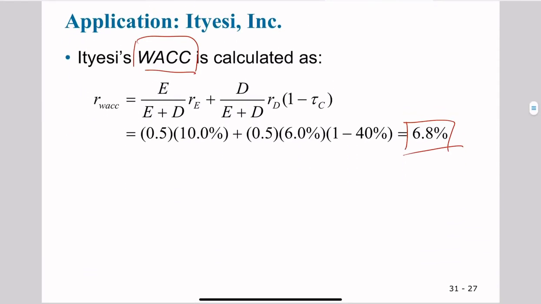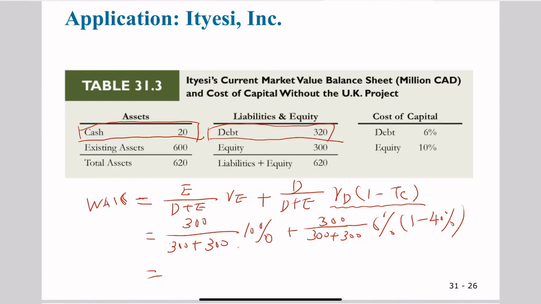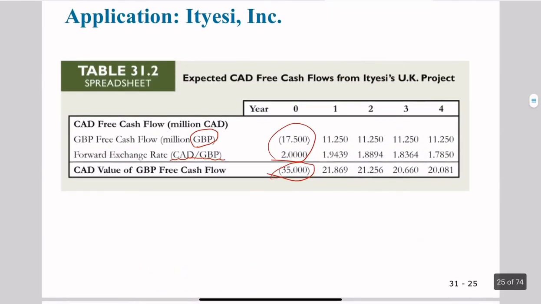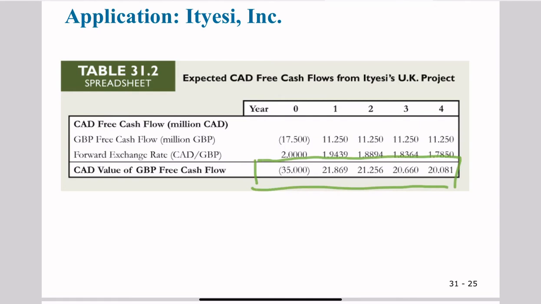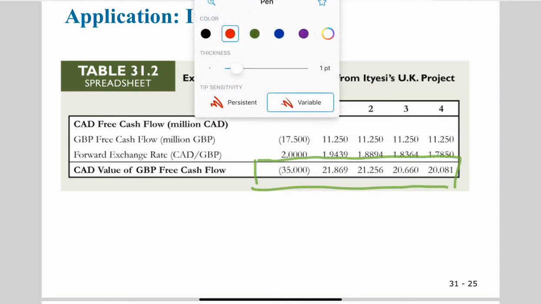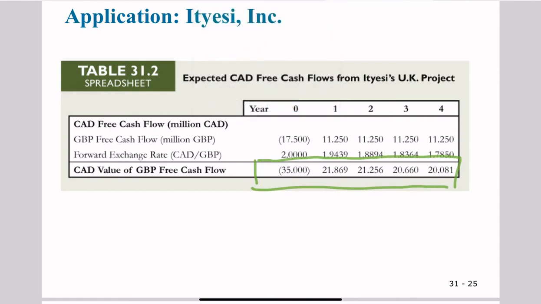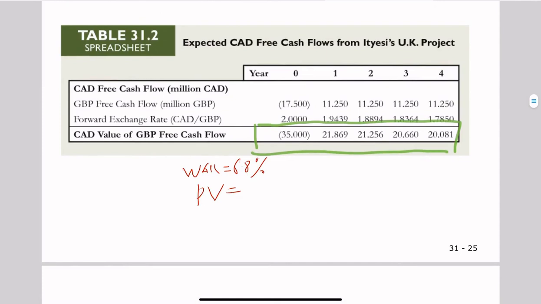Okay, now we could finally do our valuation. So we have the cash flows, and then we also have the cost of capital, WACC of 6.8%. So clearly you can calculate the present value.